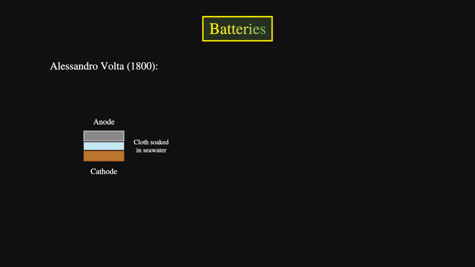The cloth soaked in seawater is our electrolyte, containing dissolved salt and water. The dissolved salt consists of free-moving positive and negative ions, which move to prevent charge buildup in the copper and zinc coins. It's an ingenious invention, and for each cell consisting of one zinc coin, one copper coin, and one electrolyte, we get an approximately constant potential difference.